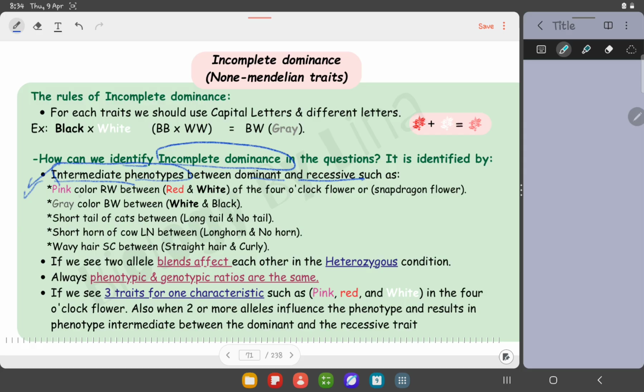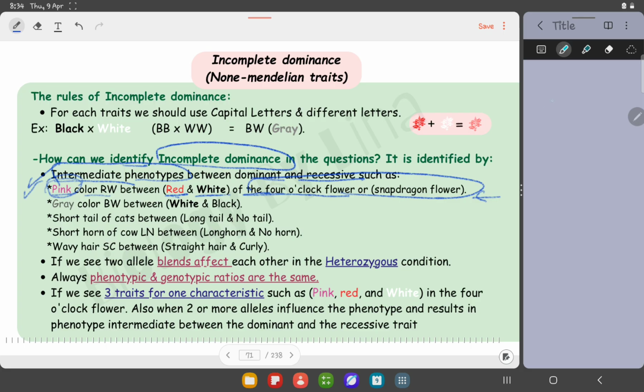We have the pink flower, the four o'clock flower or snapdragon flower. This flower has three colors: white, red, and pink. Which one is intermediate? The pink is in between the white and red.